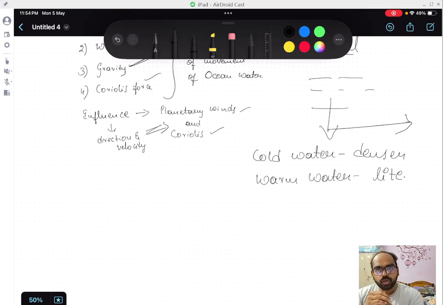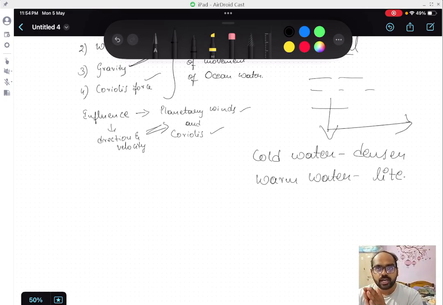And moreover, at higher latitude regions, the warm water at the equatorial region will expand and travel towards the colder, higher latitude regions, and it will influence the temperature there. This is about the vertical movement of the water.